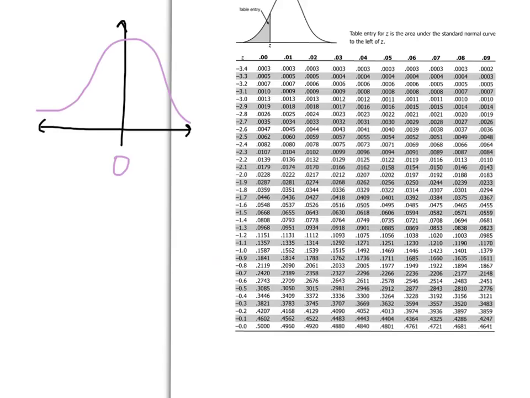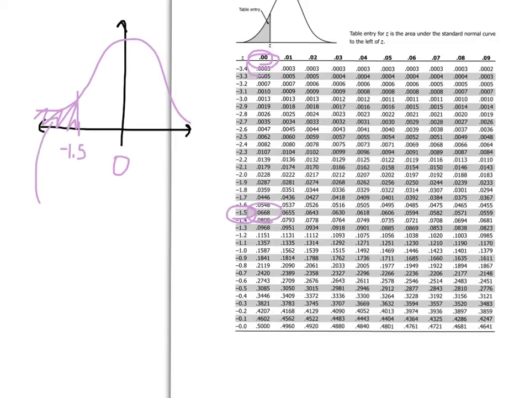Here again we have our z distribution, and we know that the z-score we wanted it to be less than was negative 1.5, so we want this area right here, and that's easy. We just find negative 1.5 in here, and there it is. It's negative 1.500, so we're going to use this, and that's the value we get.